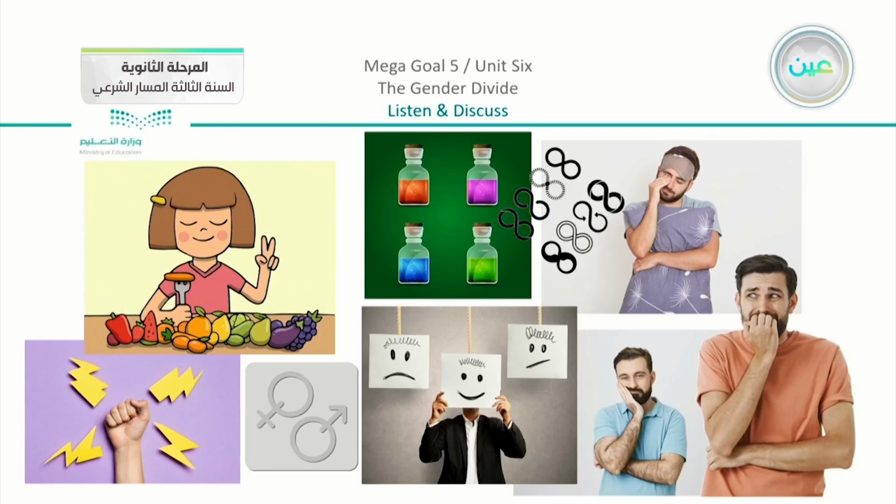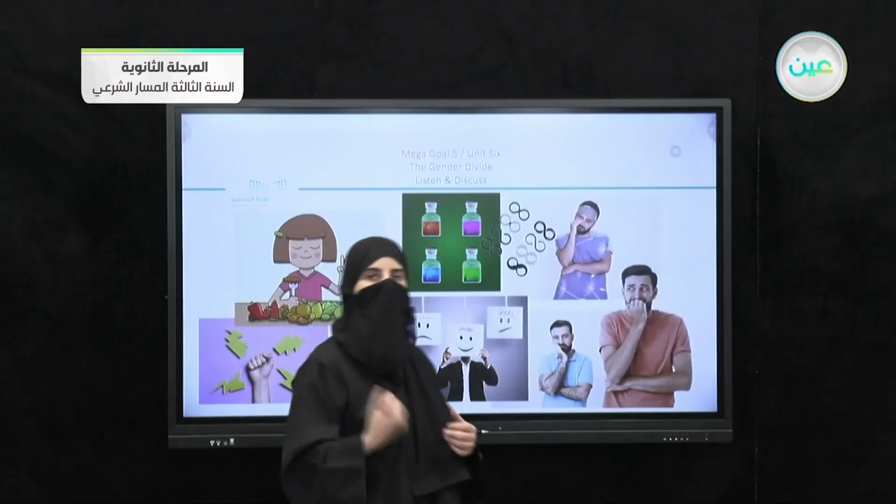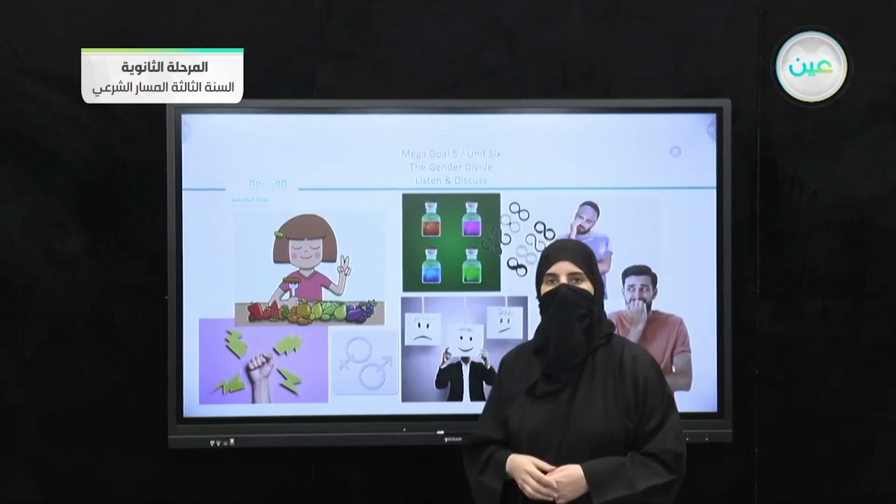We have the symbols for each gender, a child eating fruit and vegetables, and a fist, or hand, which shows some kind of power.